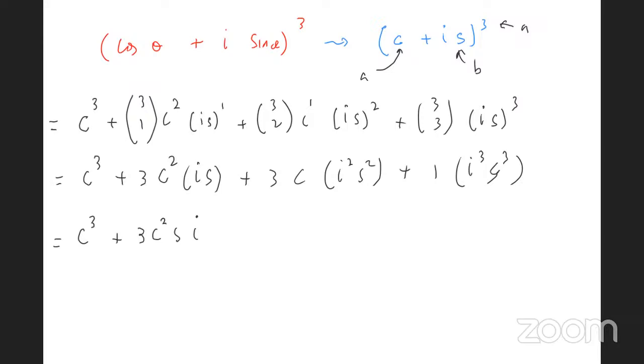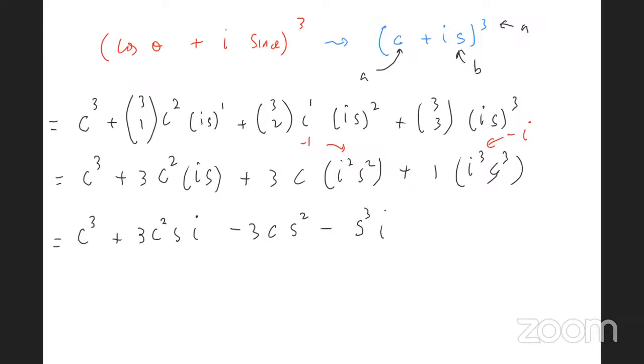So we're going to take off i squared, which is -1, and you will end up with -3C S squared. Next one is i cubed. We know that i cubed here is -i. So we'll be left with minus S cubed times i.